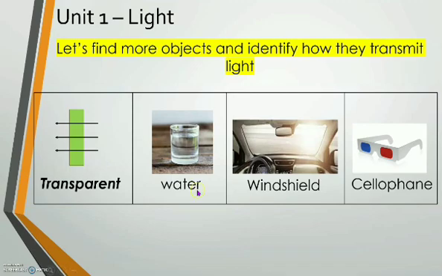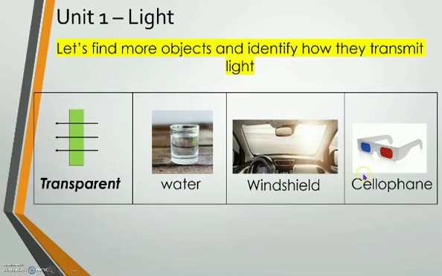So for the transparent material, we have water. When the light goes through water, we can still see what's inside, right? Another one, windshield. When you're in the car, we can see the light goes through. That's why we can see everything that's outside.